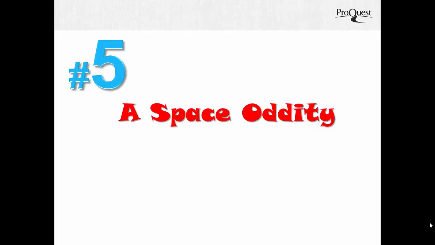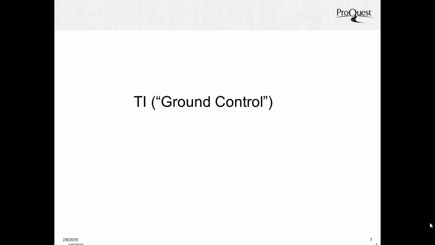In honor of the late David Bowie, I'm calling this one a Space Oddity Part 1. And here is an example of what that looks like. Now, if you look at this search, I think you can tell what it is we're trying to do here, and it looks pretty good. The idea is to search for the exact phrase ground control in the title field of any records, but there's something wrong here.